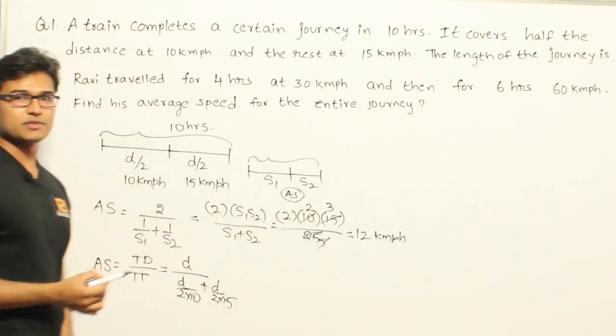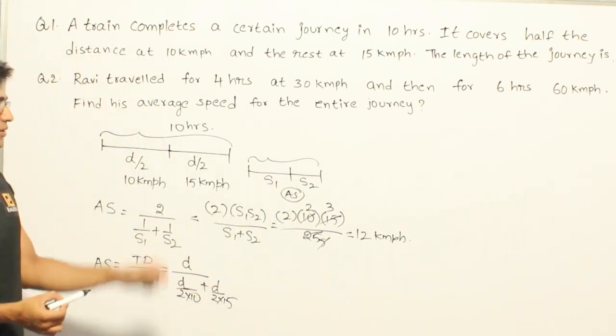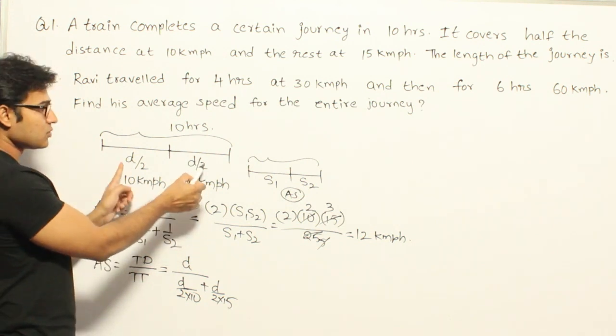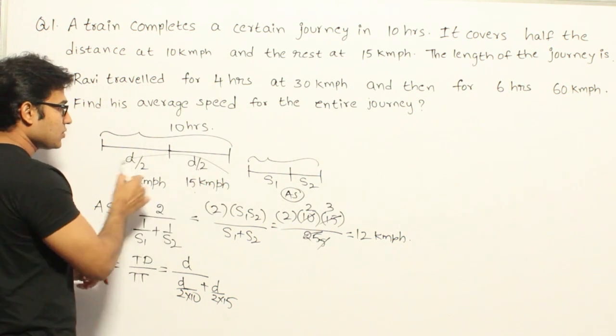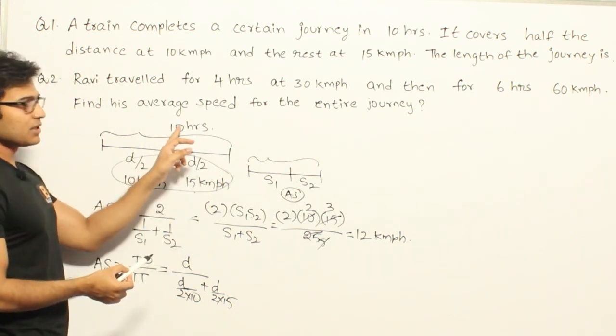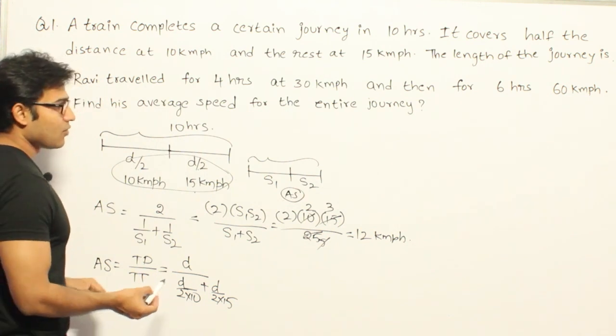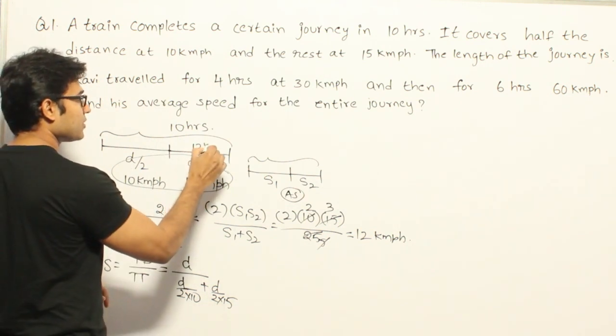That is the meaning of average speed, isn't it? So under that rule, instead of using these two speeds now over these two distances, you could have used a single speed and you could have covered the entire distance in 10 hours. That is the meaning of it, right? So what is that speed now? 12 kilometers per hour is that speed.